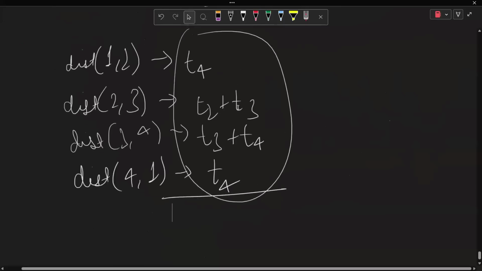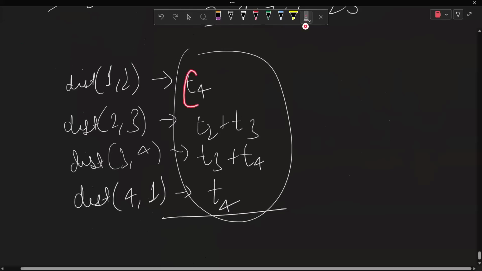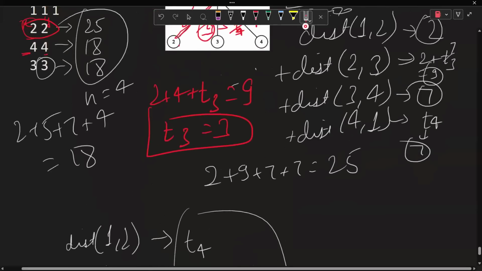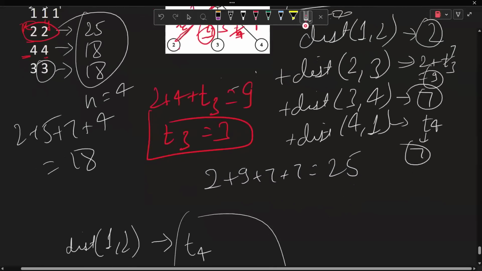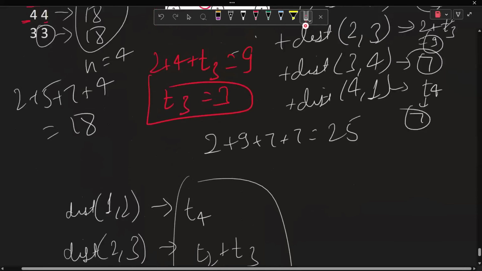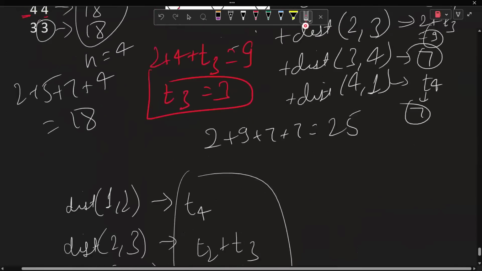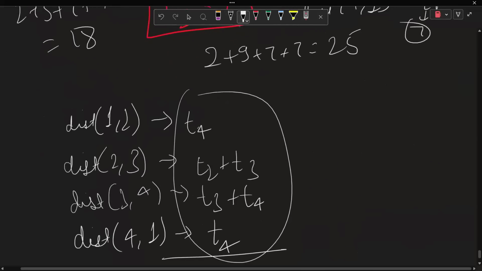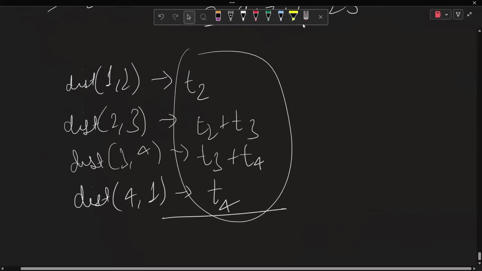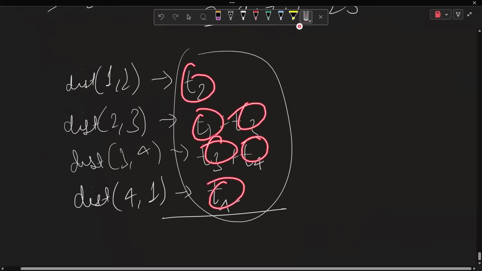If you look at this, what is this? Sorry, here it was T2 plus T3, and 3 to 4 was T3 plus T4. 1 to 2 was actually T2, not T4. Okay, 1 to 2 was T2. So here you have 2 times T2, 2 times T3, and 2 times T4.